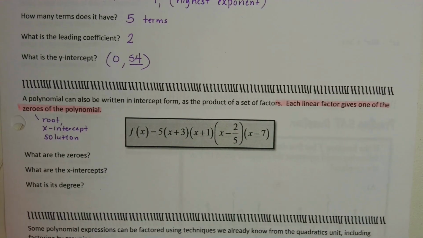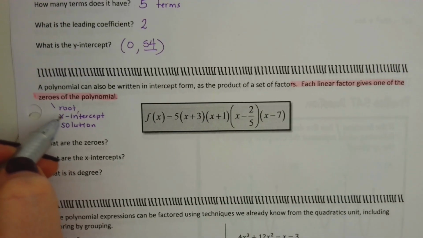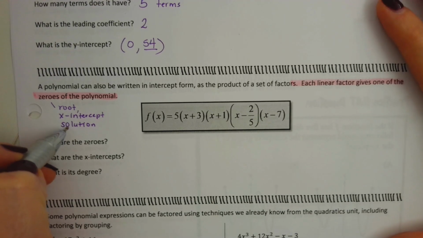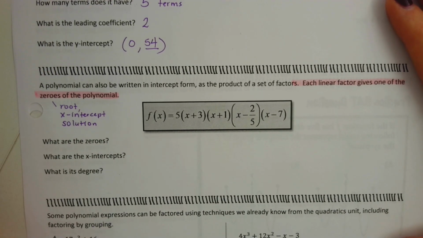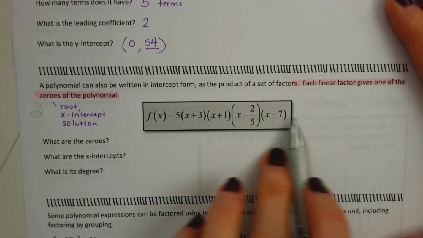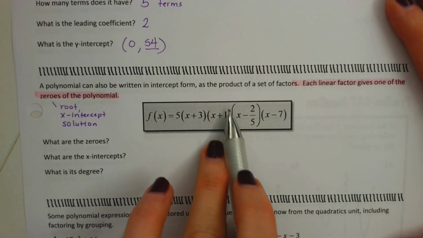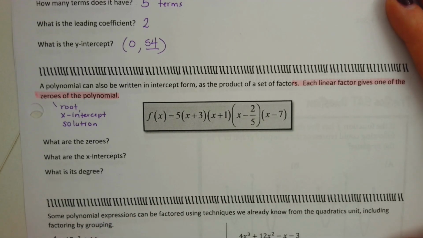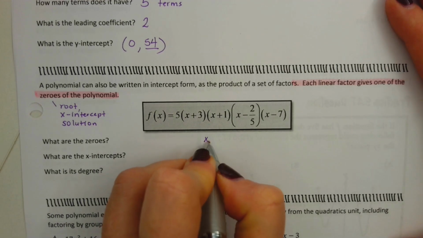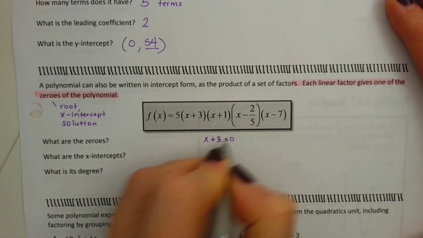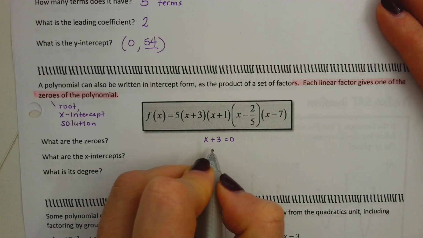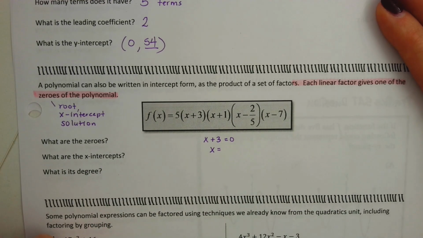Okay, so anytime we see zeros, we can think about it as a root, we can think about it as the x-intercept, we can think about it as the solution. They're all kind of synonyms of each other. So the zeros of this one, we'll take each of the linear factors and we'll solve them. So if I take x plus 3 and set it equal to 0, and solve it, what do I get for the 0? X equals -3. Good, there's the first one.